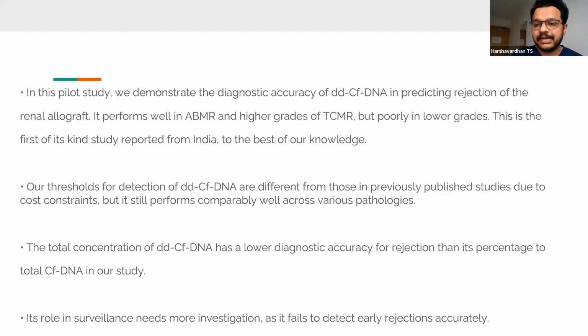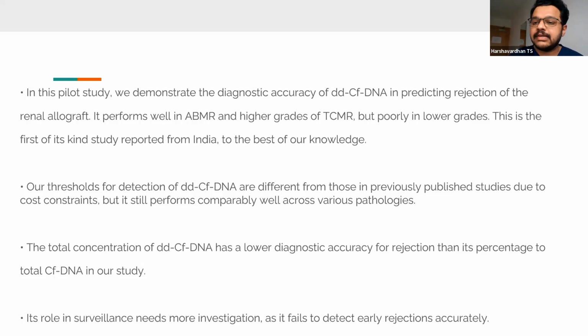So even if you're detecting it in AlloSure, you will not be able to differentiate whether it is early TCMR or pyelonephritis. So at this point, donor-derived cell-free DNA cannot probably be used for surveillance unless it rises above the threshold of 1% in AlloSure or 0.25% in our platform.